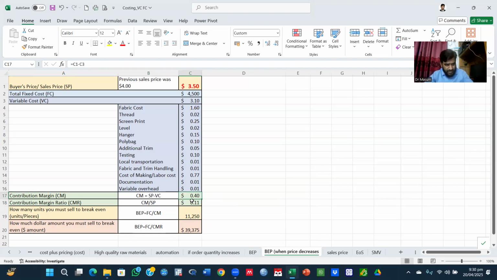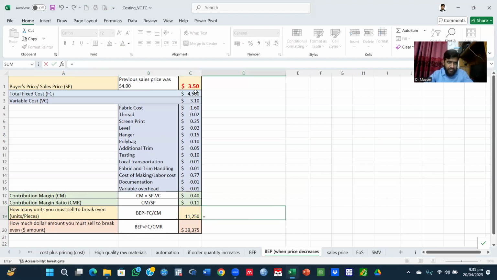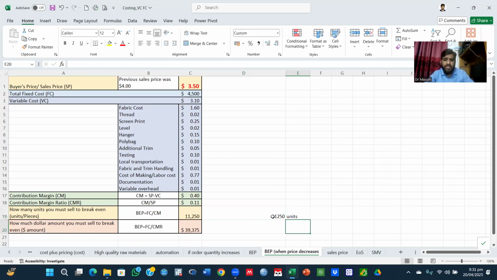Same system, you will divide fixed cost by the contribution margin. 4,500 is your fixed cost, and contribution margin is 0.40. You have to sell at least 11,250 units rather than 5,000 units.